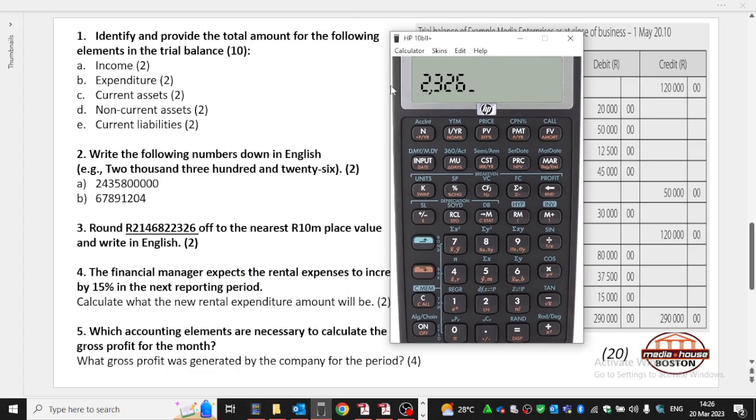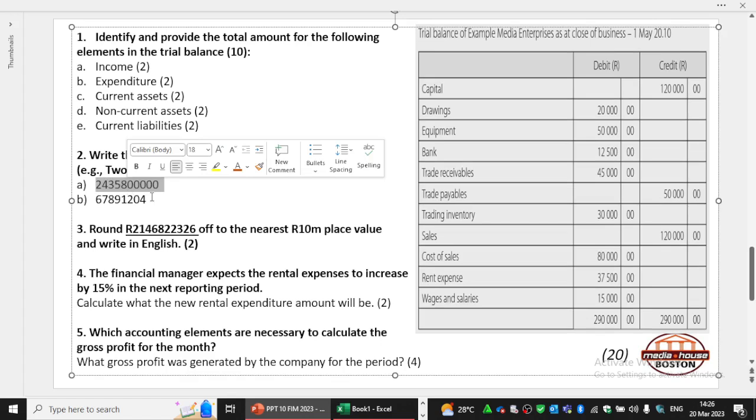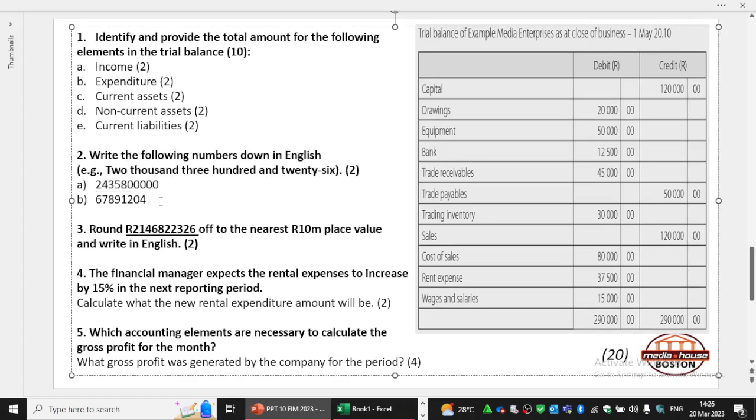You are converting this number back to words. For you to be able to identify the value of the number, if the numbers are written like this, they become a bit challenging to identify, to say how much this amount is in value. Then you can say it out loud and write it in words.